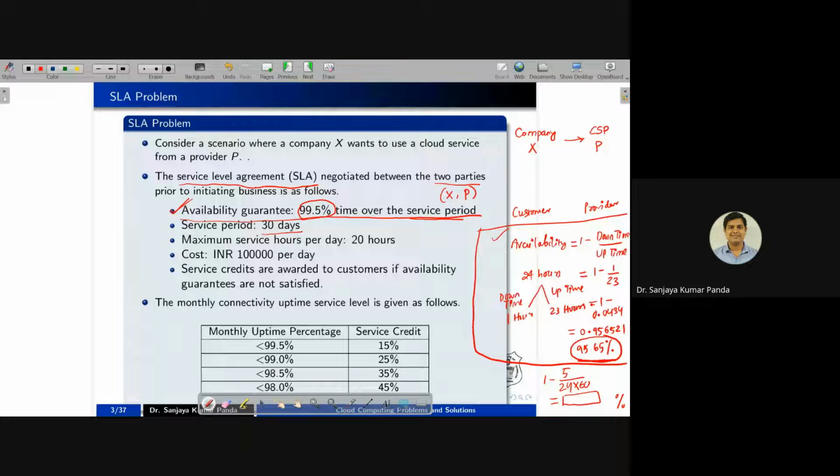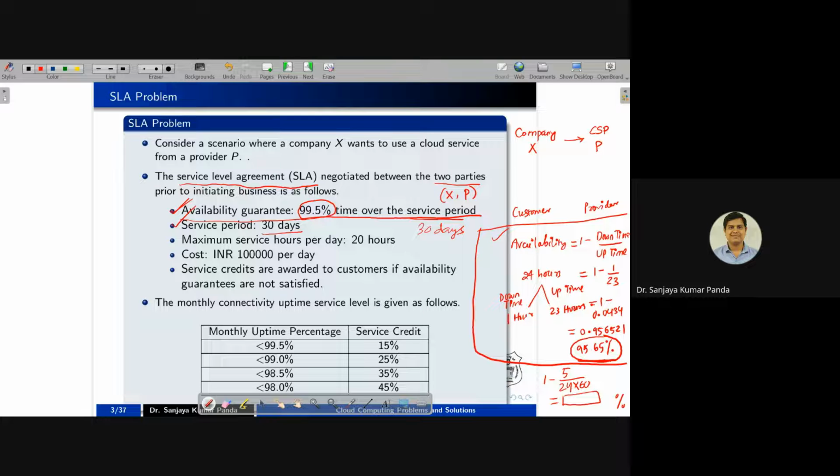The service period is not 1 day, it is 30 days. It may happen that on one day your service is not good, but when you aggregate over a 30 day period, availability should be greater than 99.5%. That is our second term and condition.